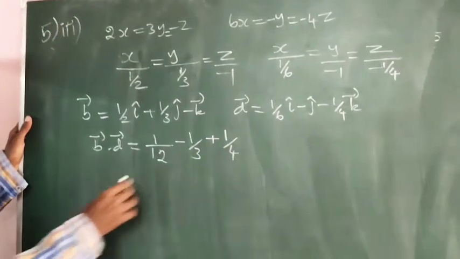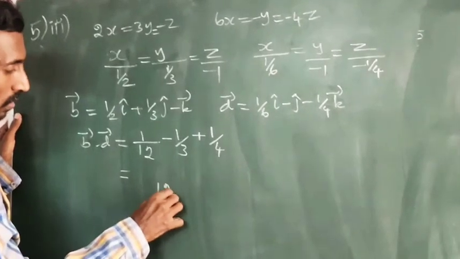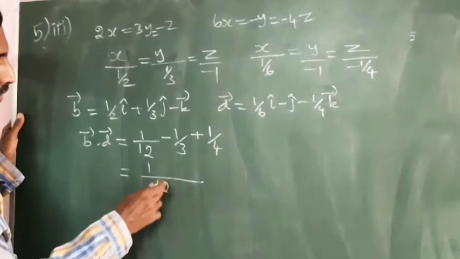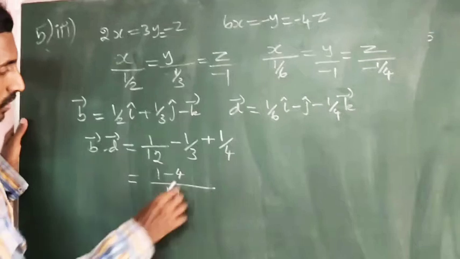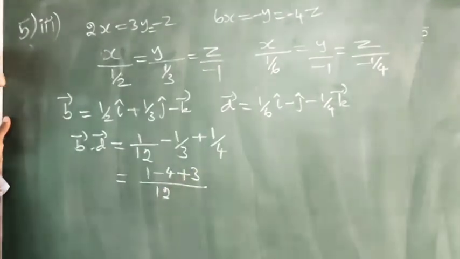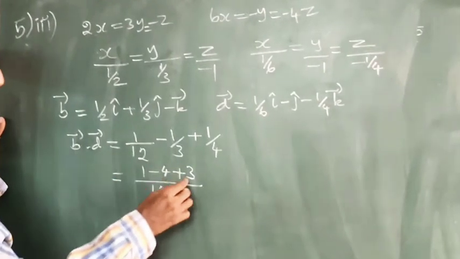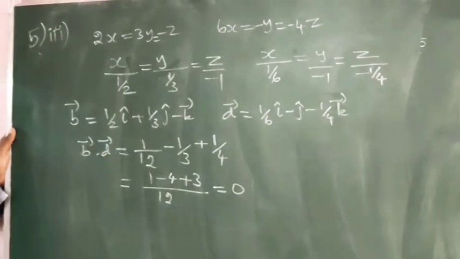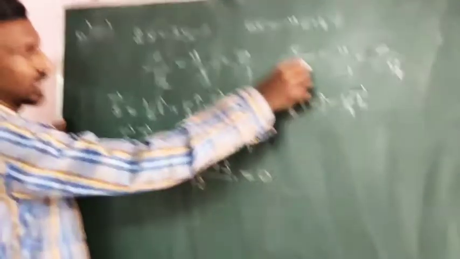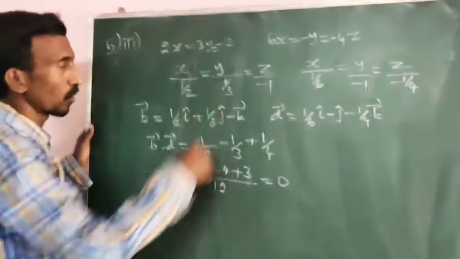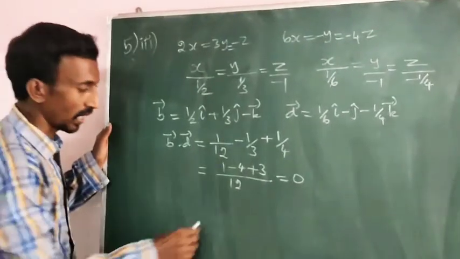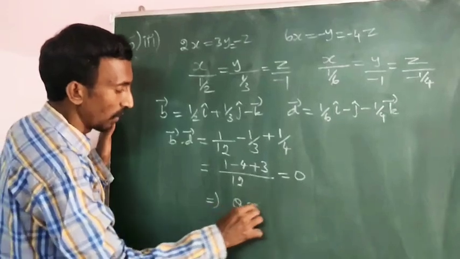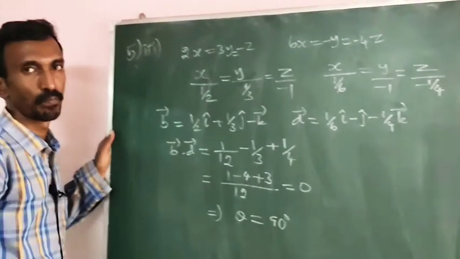Now take the LCM as 12: 1 minus 4 plus 3, we are getting 0. So b vector dot d vector is 0. The two vectors are perpendicular. Therefore the given two lines are perpendicular, which implies the angle between them is 90 degree.